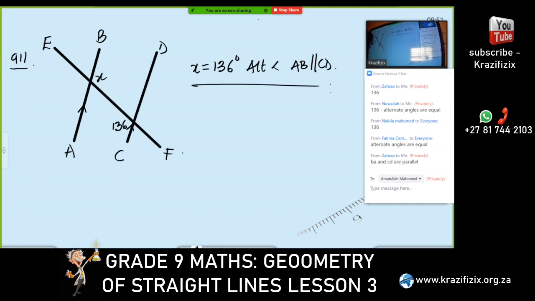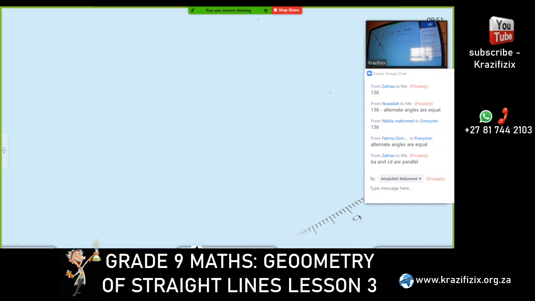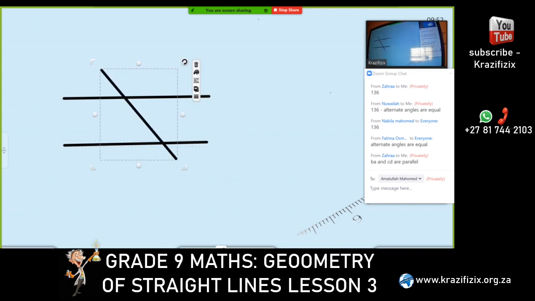Let's go to question number 12. Just going to run to a new page. Question number 12. Okay. Let's get all of this sorted today. We have a straight horizontal line there. I have another one, and I have my transversal line.